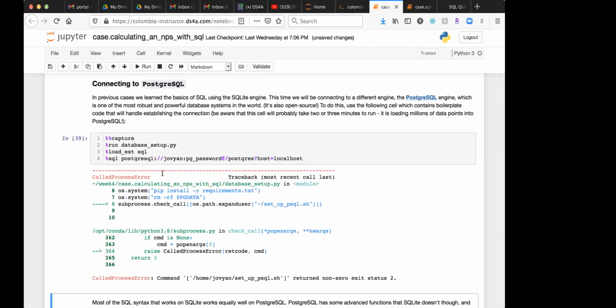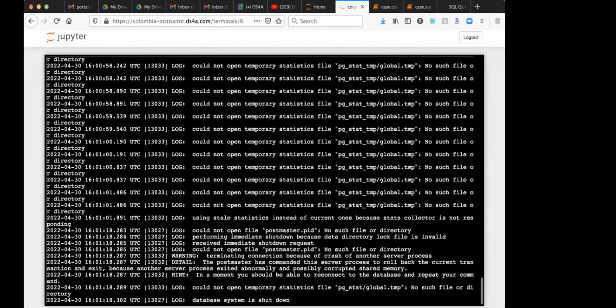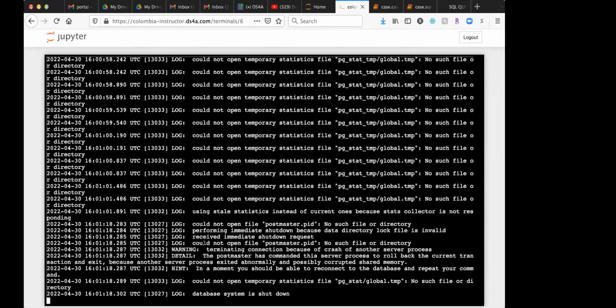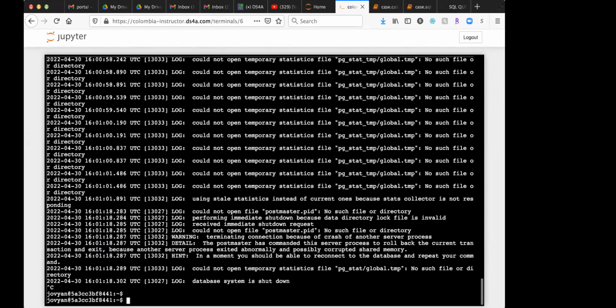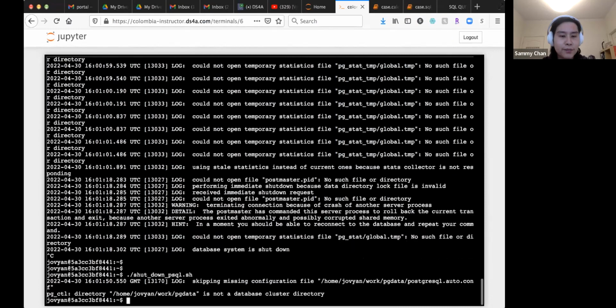Why is it crashing? Okay, that database system is okay. Type Control-C. Okay, please run the shutdown again.